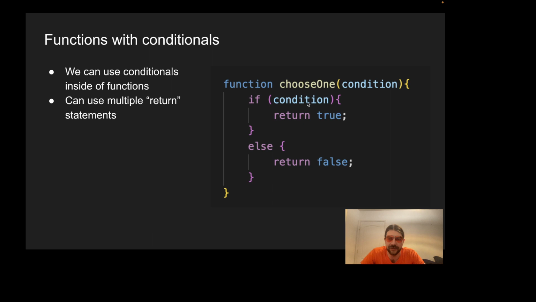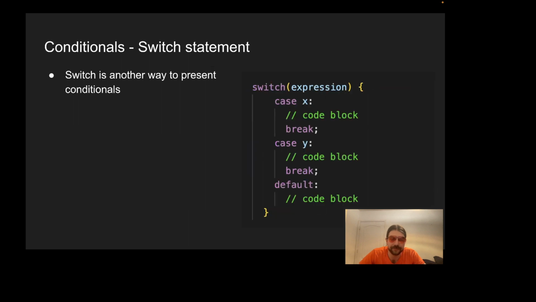If the condition of the first if is false, then we'll get the return of the second conditional instead. So we can have multiple return statements, one inside each of our conditional blocks, for our functions with conditionals.